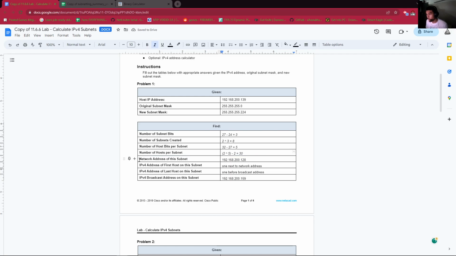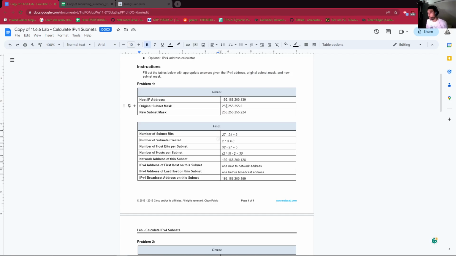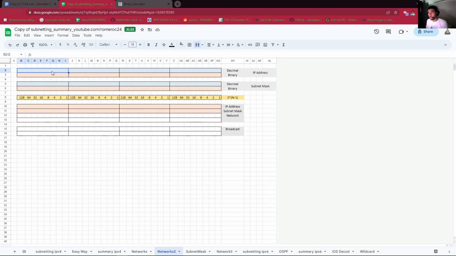Next one is the network address of this subnet. For the network address, let's go to here. First of all, we need to fill in the IP address, which is 192.168.200.139.